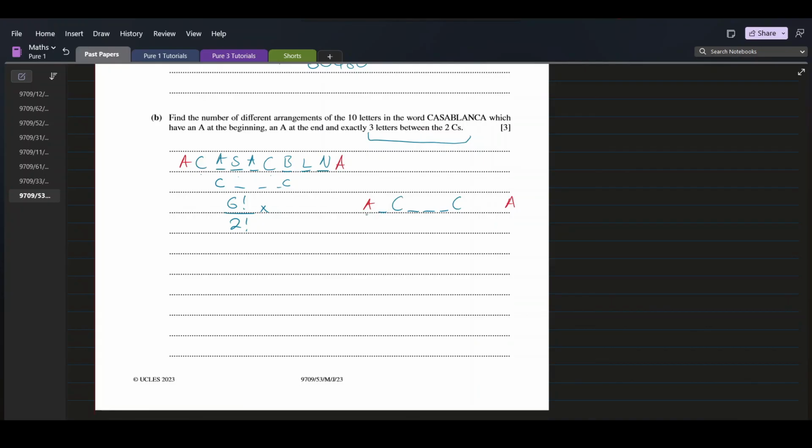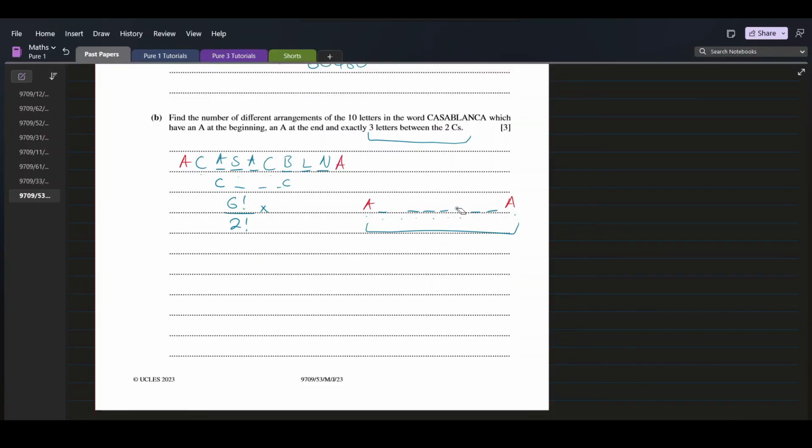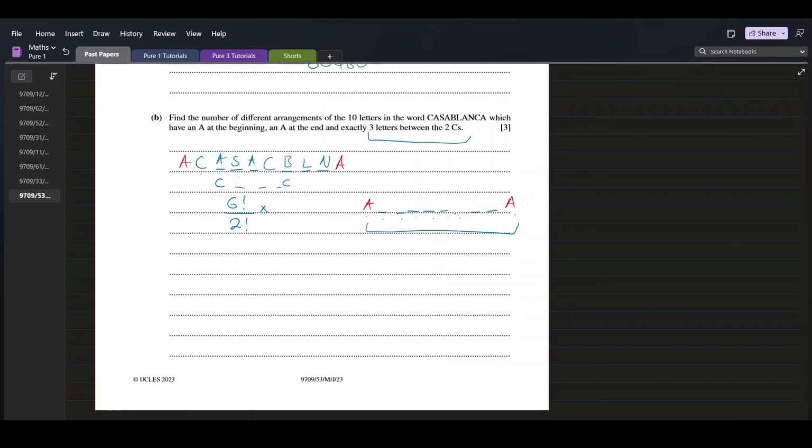So that's 1, 1, 2, 3, 4, 5, 6, 7, 8. So 2 more letters, 9, 10. So you can see here that this is another scenario, but we could also even move the C's again. They could be moved further down the right, so that the C's are now in this position over here.